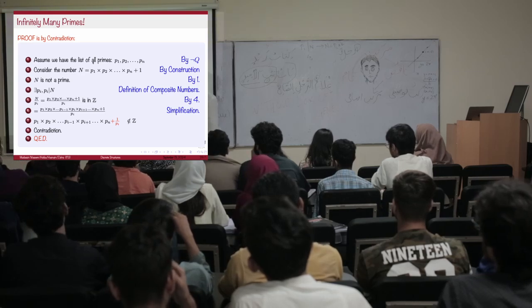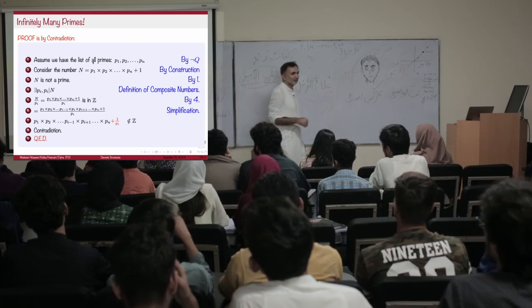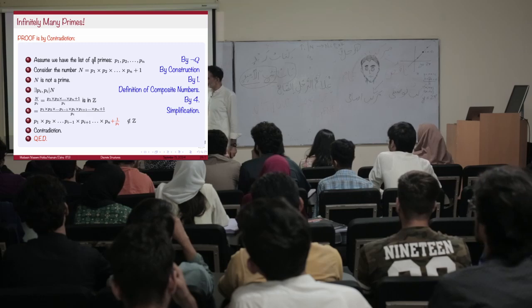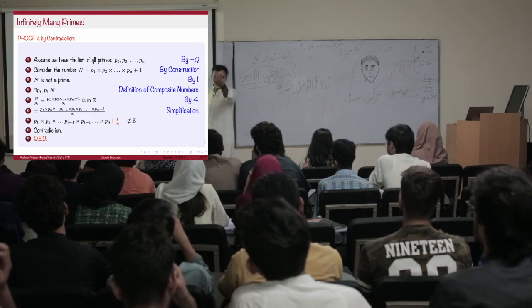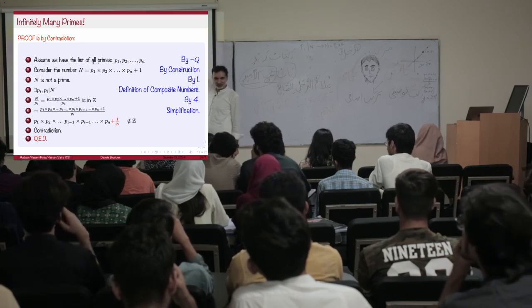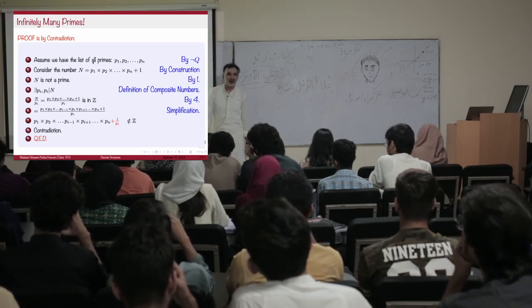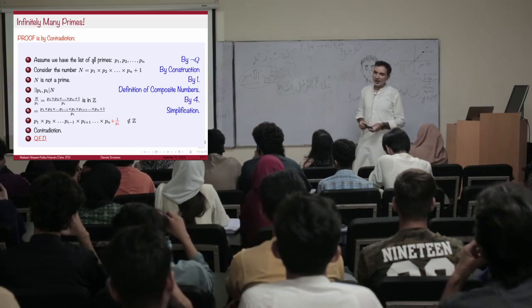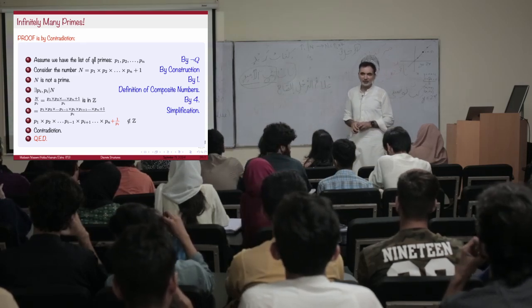But I said one minute ago that this is an integer, which means I have a contradiction. And you stand here and you see the contradiction and then you say, okay, what have I proved? And this is a justified question. I've proved the opposite of what I assumed. Okay? I assumed that there are finitely many primes and I proved that there are not. There are not finitely many primes. There are infinitely many primes.